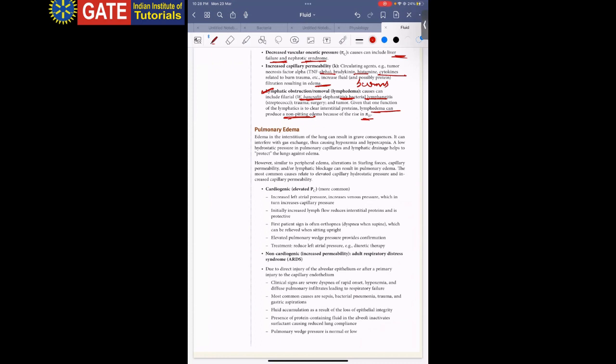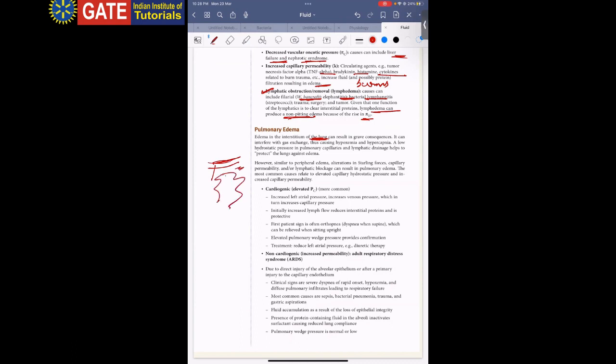Now let's talk about pulmonary edema. What is pulmonary edema? Pulmonary edema is just the excess fluid accumulation within the interstitium of your lung. Pulmonary means lung. Now we know the main function of the lung is the exchange of gas across the alveoli and the blood capillaries. So this is the blood capillary, this is the alveoli here.